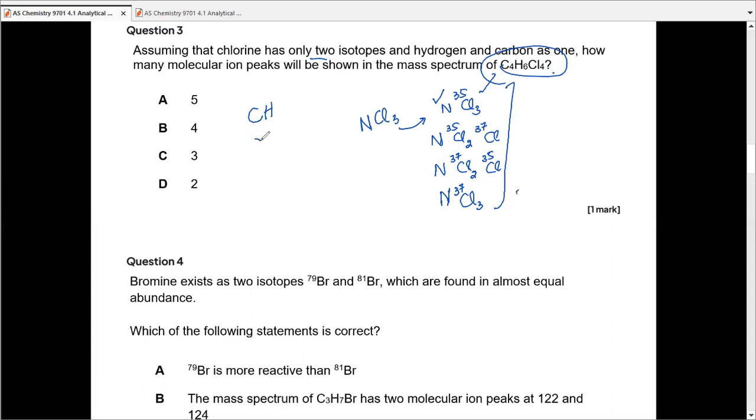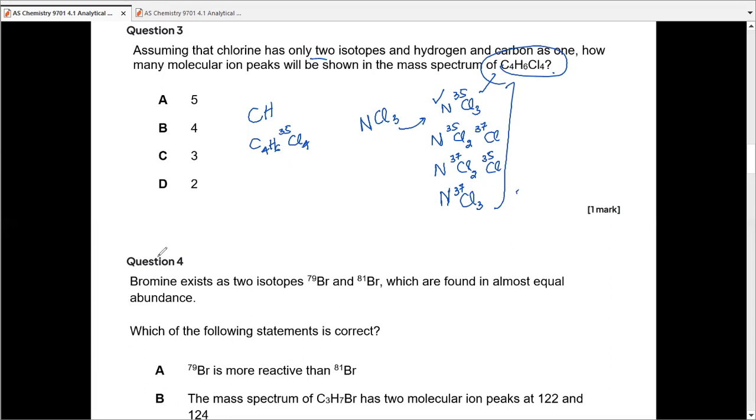You can start it like this: C4H6, all four Cl are 35. Then the next one, how many 35s are there, how many 37s are there, then all 37s. In this way, keep on calculating the scenarios, and then as per the number of scenarios, pick a number from here.